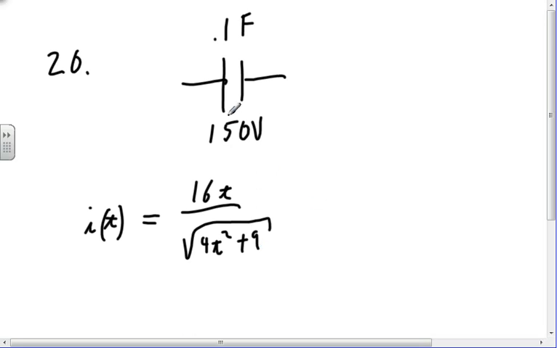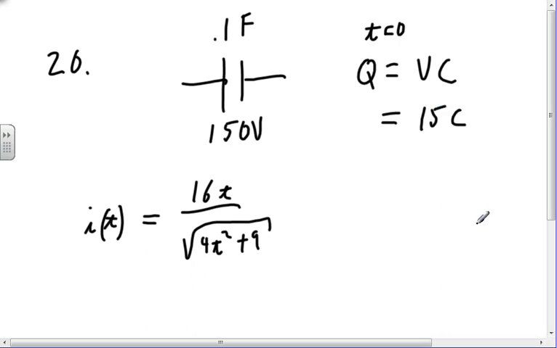Okay, so first thing we have to do is find out what is the charge on the capacitor at time 0. T equals 0. Charge is going to be voltage times capacitance, so it'd be 15 coulombs on the capacitor at time 0.